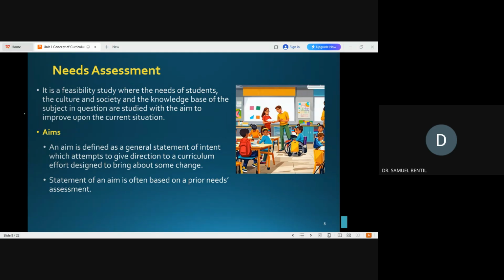Whilst curriculum goals are also general or broad statements, just a bit more defined as compared to aims.